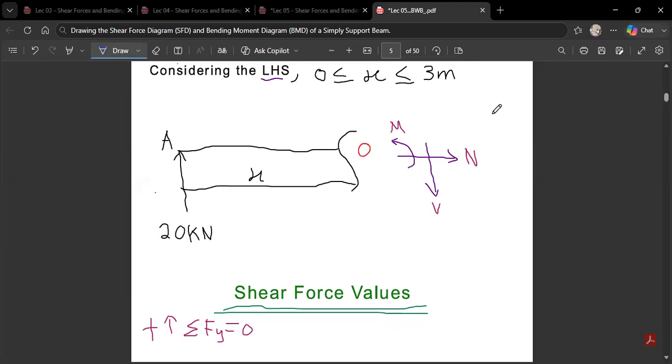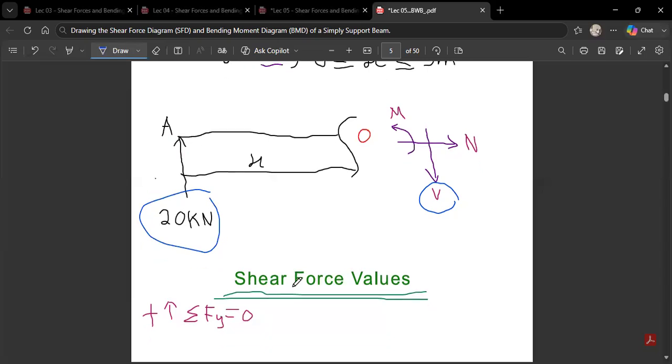If you look at the cut that we took, who are those moving in the y-axis? If you draw the cardinal point, you realize that this guy is moving in the y-axis, 20 kilonewton. But it is moving upwards, so it is also positive 20. This guy is also moving in the y-axis. This guy and this guy are moving in the y-axis. So you said that positive 20 minus V is equal to what? 0. That is all. The rest is no more physics.